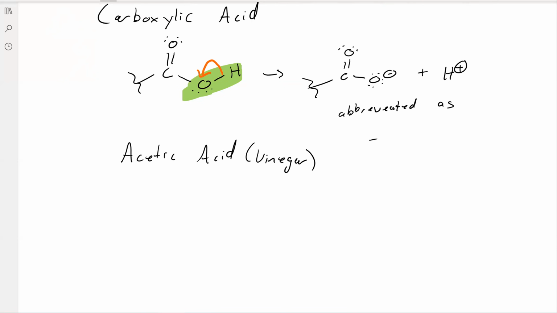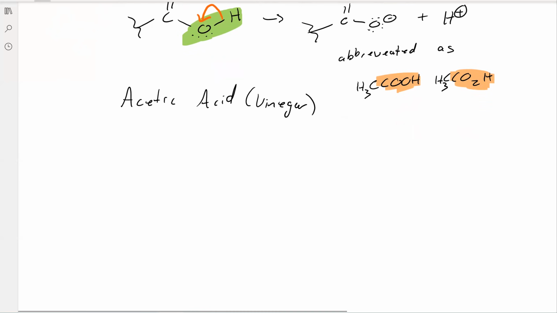So if you're given the chemical formula as COOH or CO2H, where this dash just means there's something else, so maybe there's a CH3 there, this COOH or CO2H just indicates the presence of a carboxylic acid.